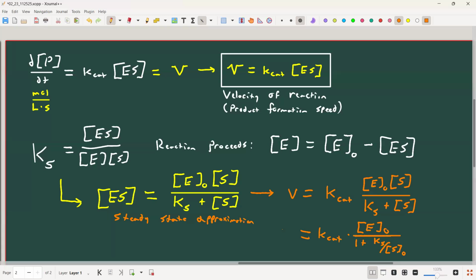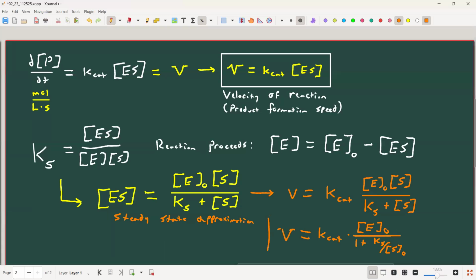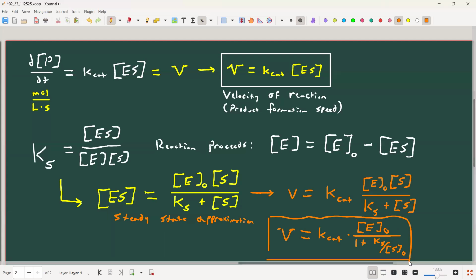So the rate at which this forms, let's look a little bit at what this says. Our product formation rate, of course, depends on how fast the enzyme can process our material. That makes sense. It also is proportional to the amount of enzyme we have in the system.